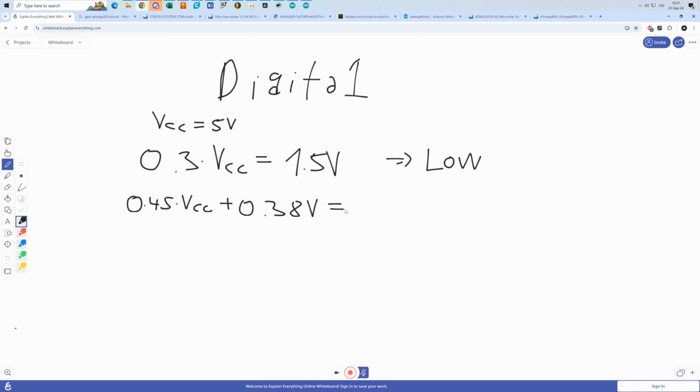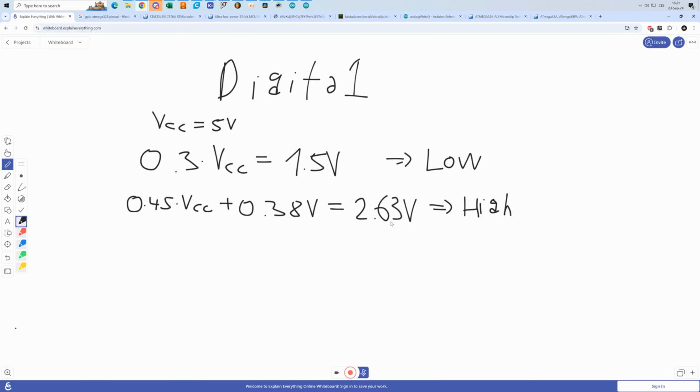So you can see it is dependent on the supply voltage, of course. So 0.45 times 5 volts, that's 2.25 volts. And we must add this 0.38 volts. So that's 2.63 volts. So anything above this voltage is going to be considered as logic high.